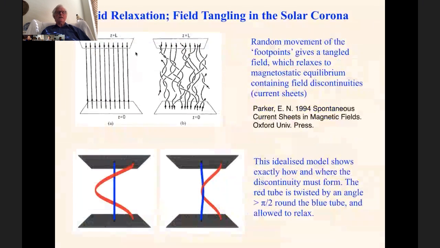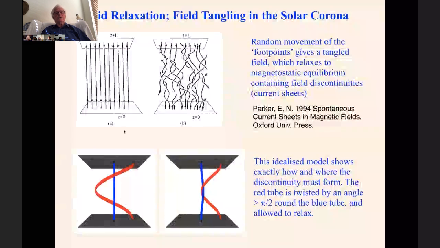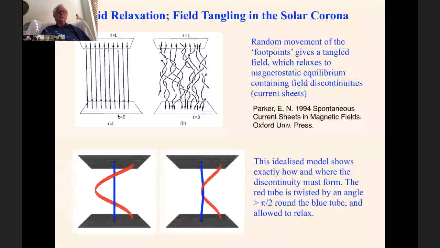The same sort of theory can be applied to braids, and there's a lot of work going on in this area. Here we think of a field that runs from one perfectly conducting boundary to another, and then we imagine moving the foot points of the field in some random manner on these boundaries, so the field becomes tangled in the interior and then allowed to relax.